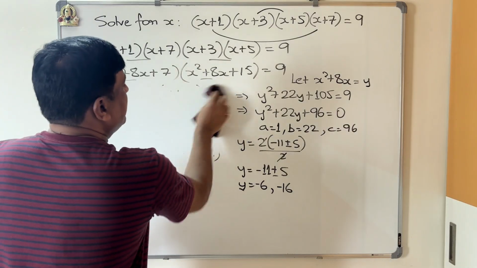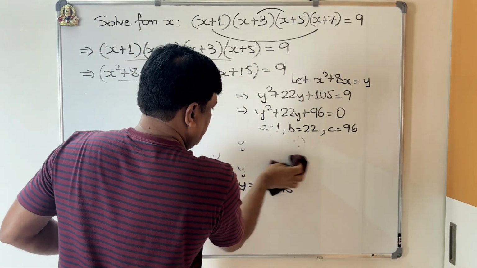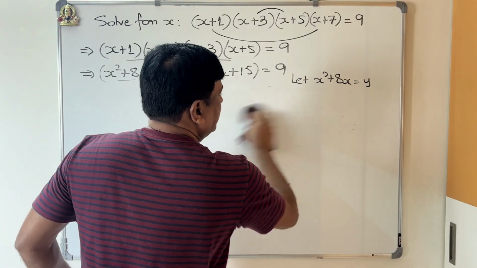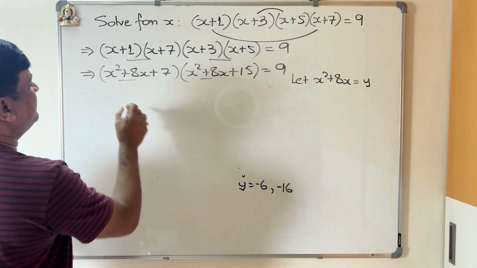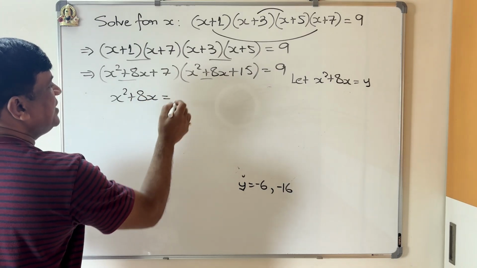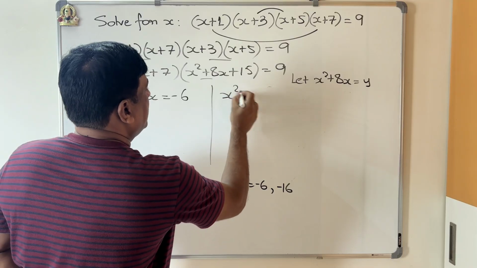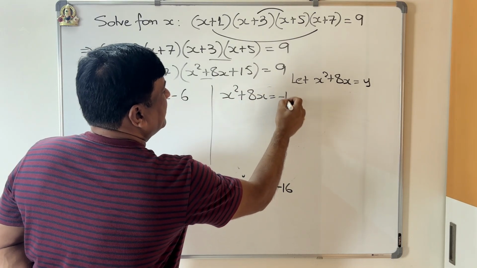So let's go ahead and replace and find the value. Since we have substituted x square plus 8x, x square plus 8x is equal to, first value, minus 6. The second value will be x square plus 8x is equal to minus 16.